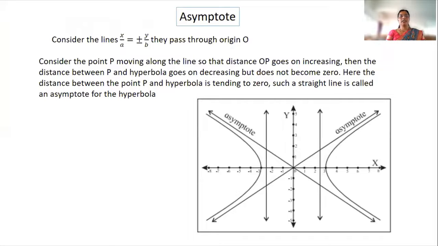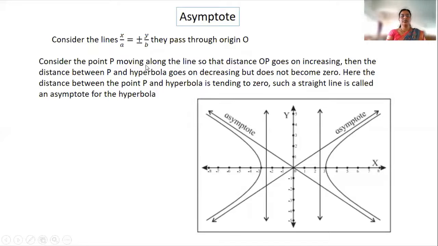Now, asymptote. What is asymptote? Consider the line x upon a is equal to plus or minus y upon b. They pass through the origin. These are two lines passing through the origin. Consider the point P moves along the line so that distance OP goes on increasing.